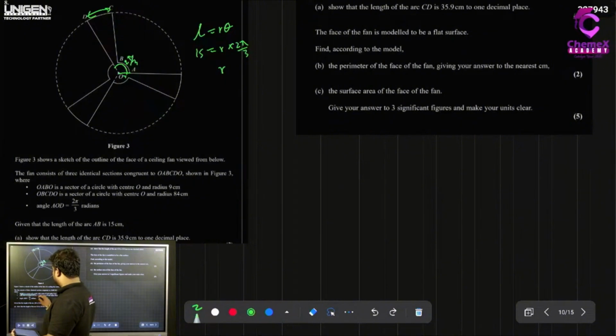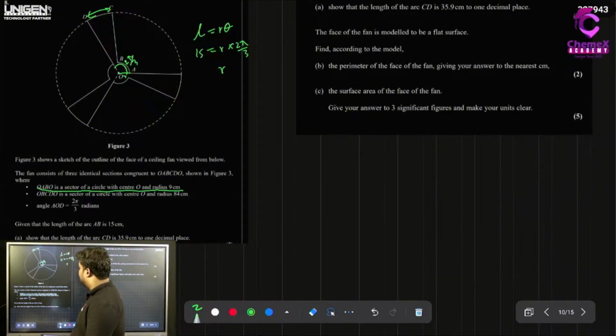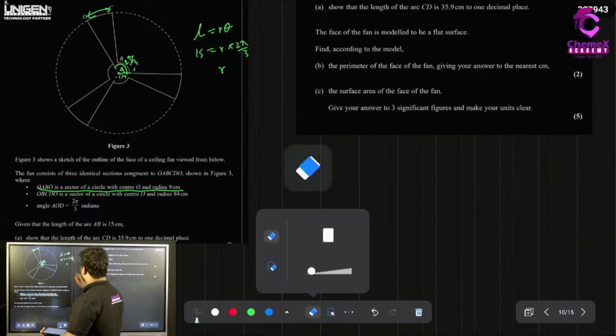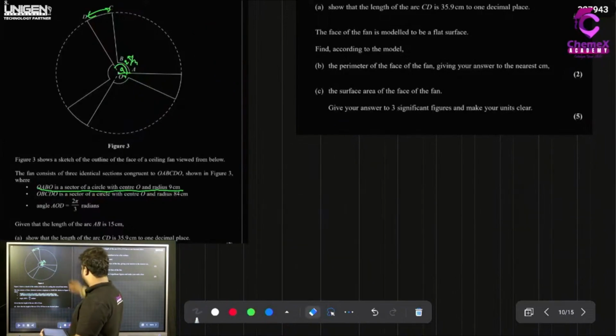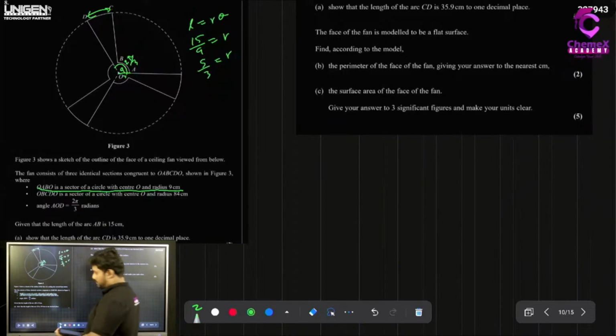ABO is a sector with a circle center and a radius 9. This radius is 9. So, if you know the radius, how do you find theta then? 15 divided by 9 equals theta. Theta is equal to what? 5 over 3. So theta is known.